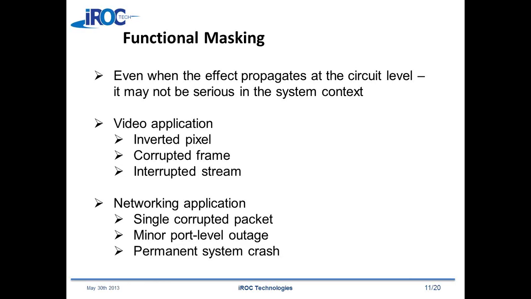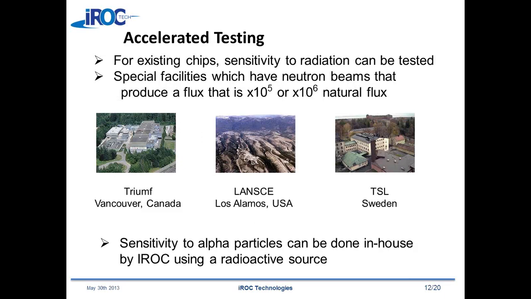Well, if you want to find out whether you have a problem, it's quite common practice in the industry to test chips at accelerated radiation test facilities. These are special laboratories which are able to create a neutron flux on the order of 100,000 or even 1,000,000 times higher than the natural flux.